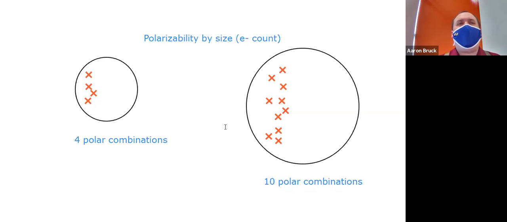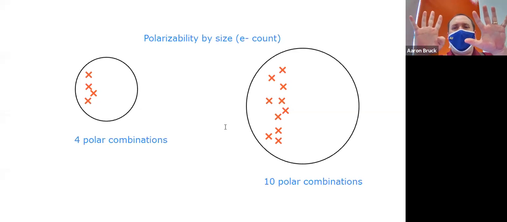And so this is the trend that we're working off of. The more electrons we add, the easier it is to polarize the molecule, because all it takes is a little bit of imbalance on one side or the other. So when I had 10 electrons, I just had to go away from 5 on each side.